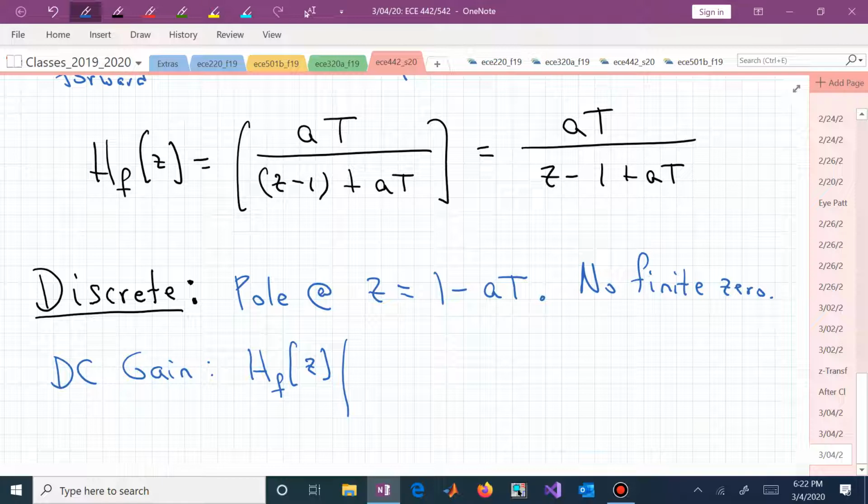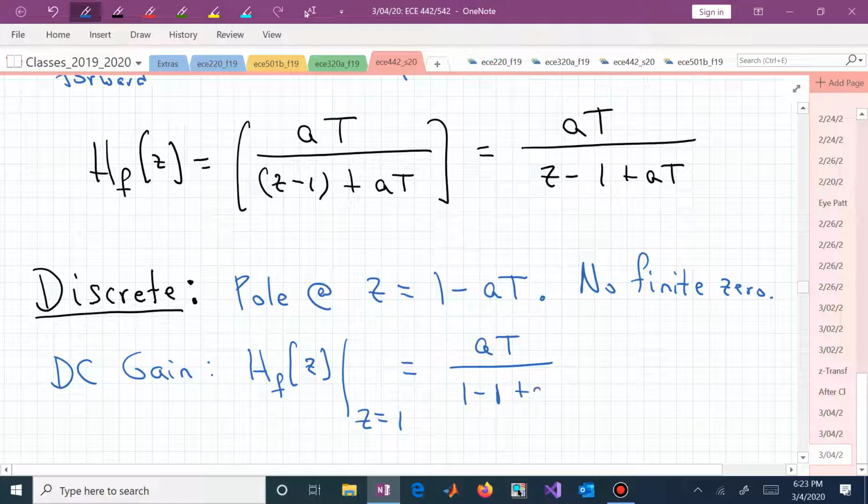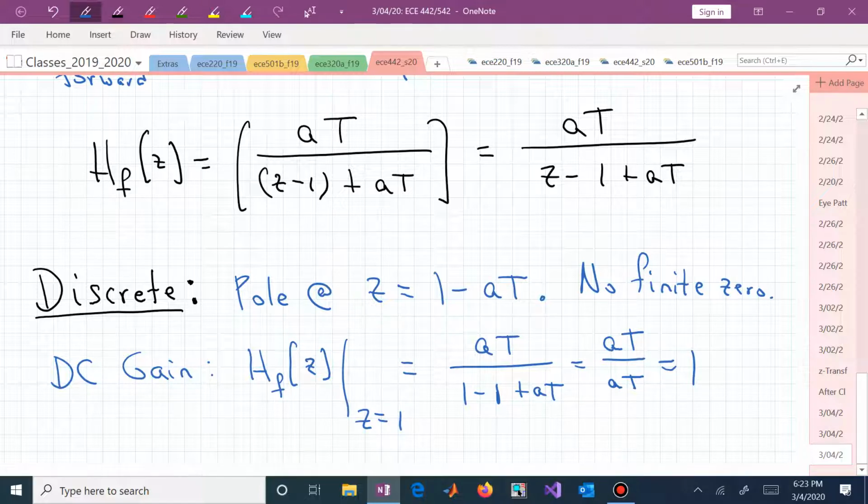What corresponds to s equal to 0 in z? 1. So now we evaluate this when z is equal to 1. When we do that, we have AT over 1 minus 1 plus AT. We have AT over AT. We have 1. Our DC gain is consistent with what it was in the analog setting. Woohoo! So you should be feeling really good.